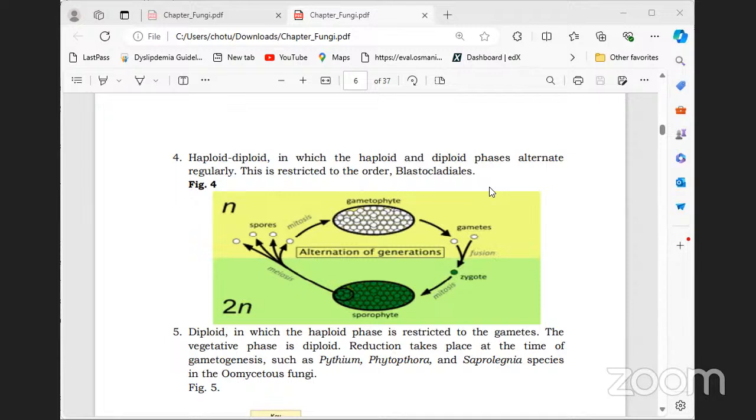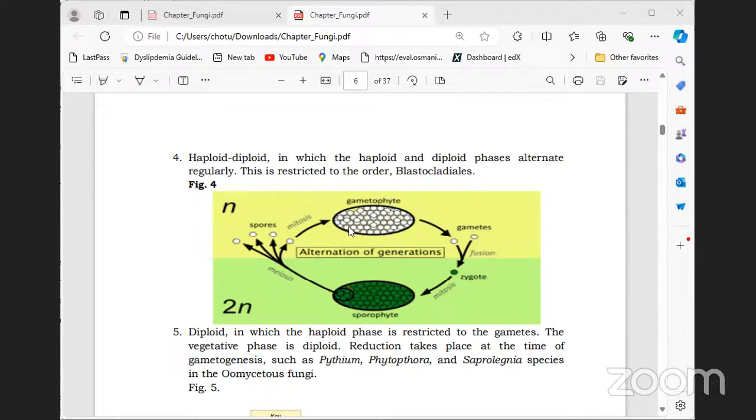The order name is Blastocladiales. See, this is the alternation of generations. These are the spores, always at the n stage. These spores, after mitotic division, form many: 4, 8, 16, 32, like this.